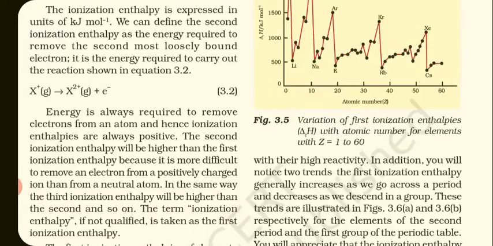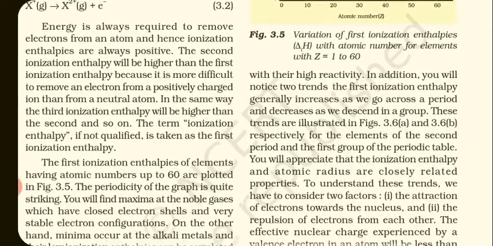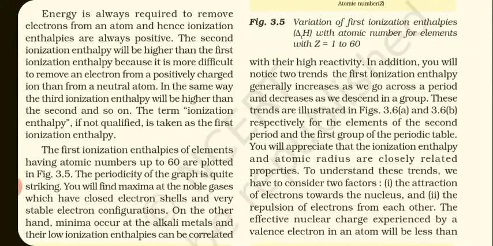We can define the second ionization enthalpy as the energy required to remove the second most loosely bound electron. It is the energy required to carry out the reaction shown in equation 3.2. So energy is always required to remove an electron from an atom, and hence ionization enthalpies are always positive.